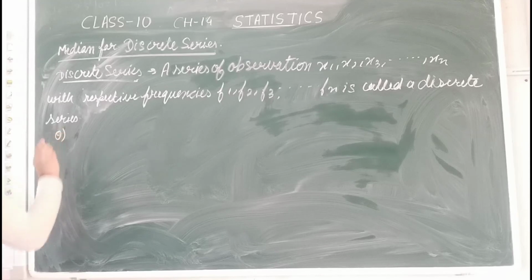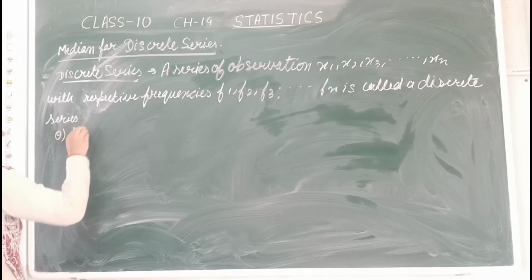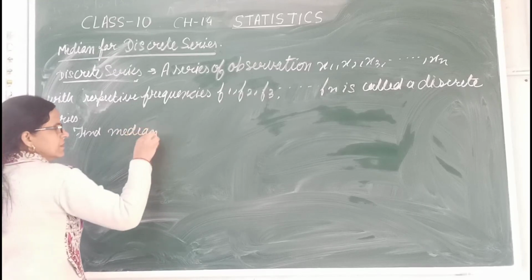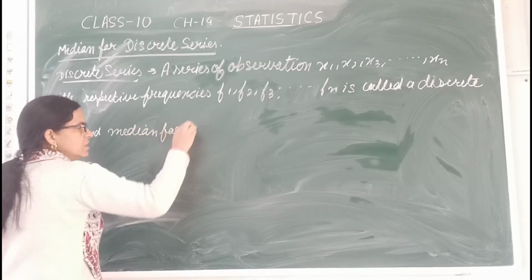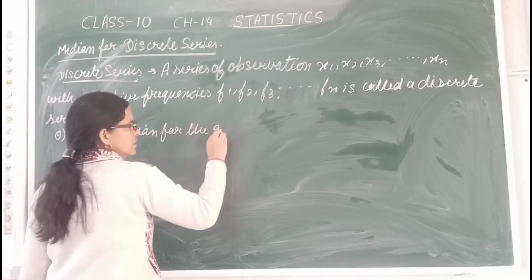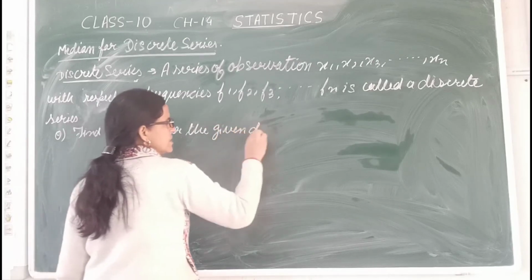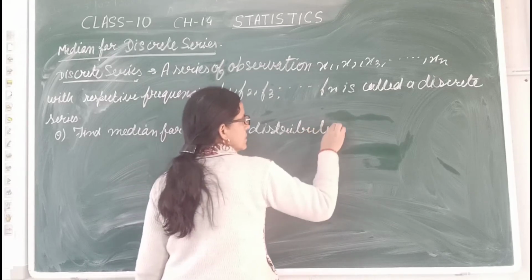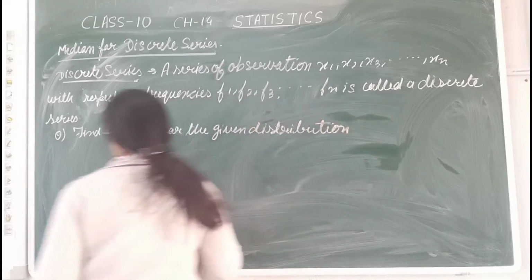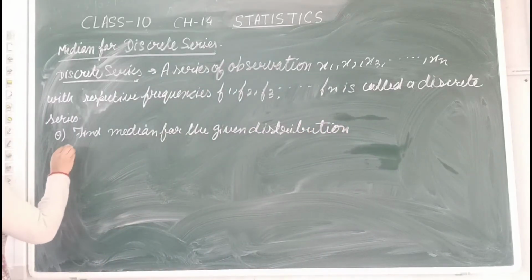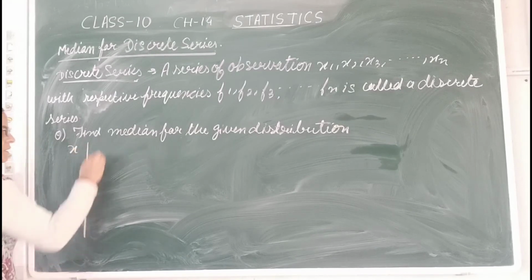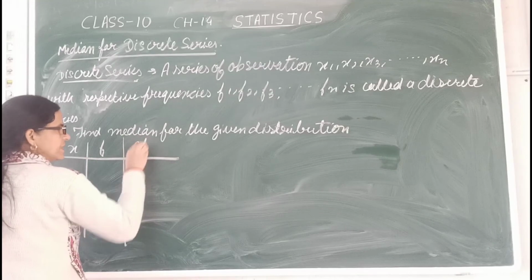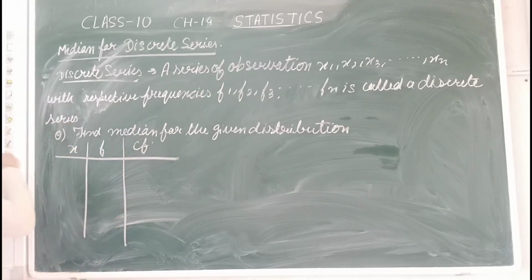Question: find the median for the given distribution. So I am writing over here x, then f, and we will be making cf for a discrete distribution.